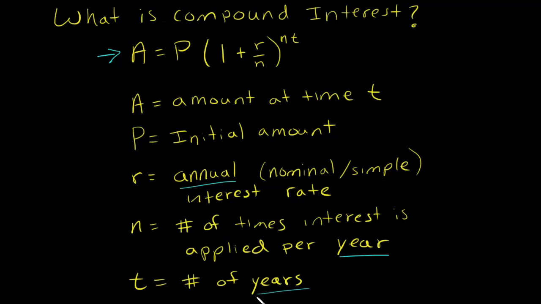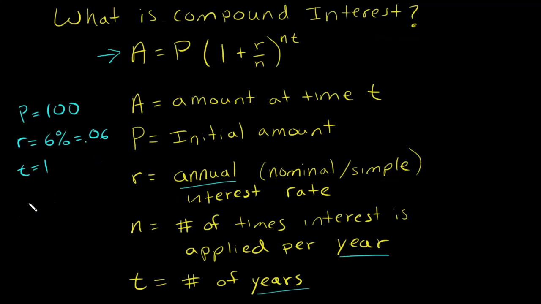So let's think through a very simple example. Suppose I have $100, and a bank is going to offer me a simple interest rate of 6%, or 0.06. So I know that at the end of 1 year, so when T equals 1, regardless of how many times it's given to me throughout the year, I would expect that at the end of that year, I would have $6 extra.